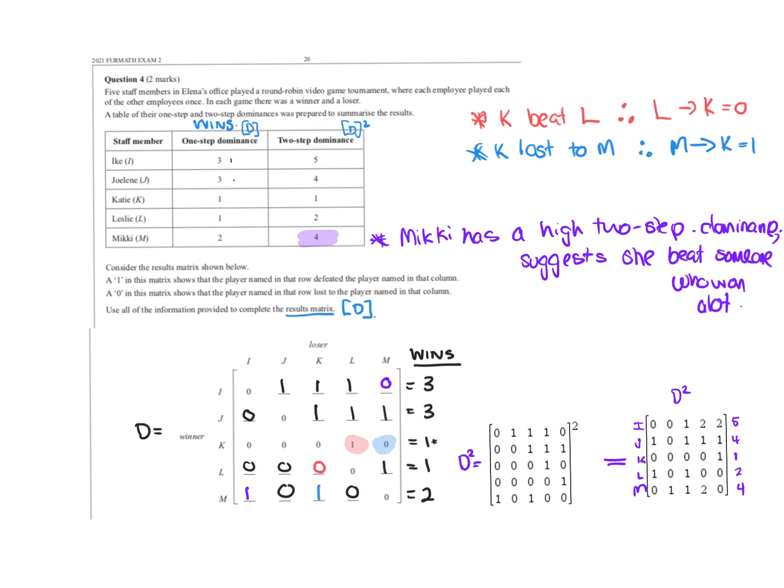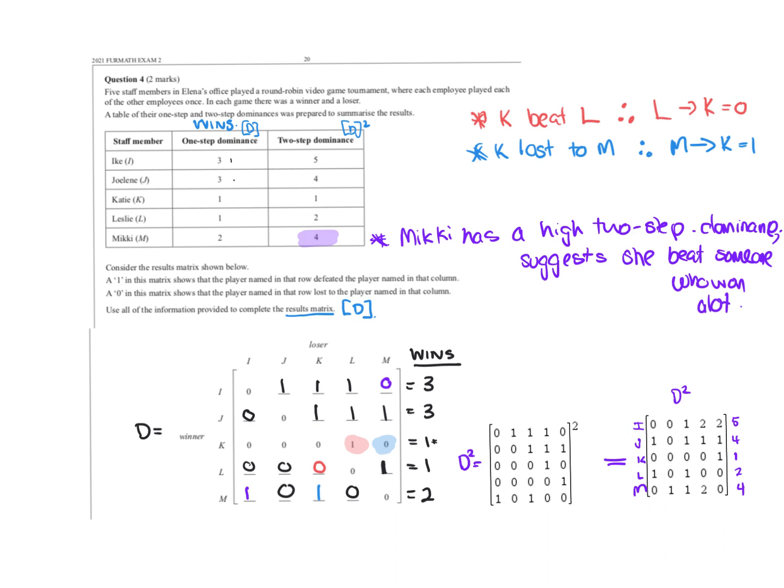So we're going to give her her other win there. We know Leslie got beaten by Jolene and Ike, because we've already filled them in. So we're left with she can only win against Mickey.